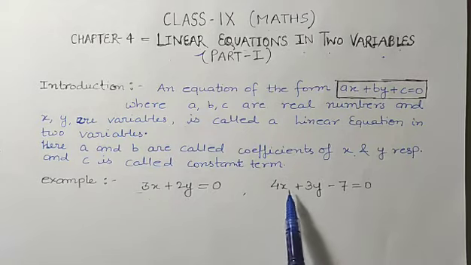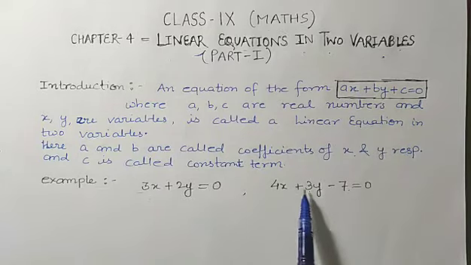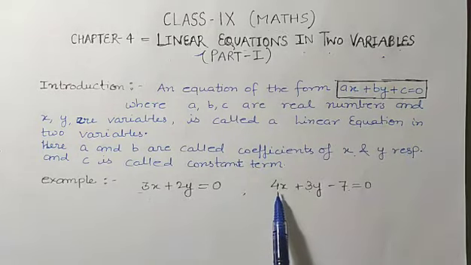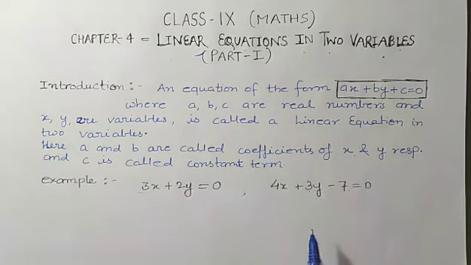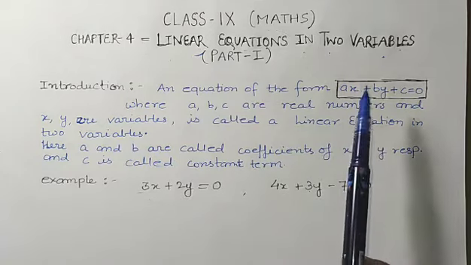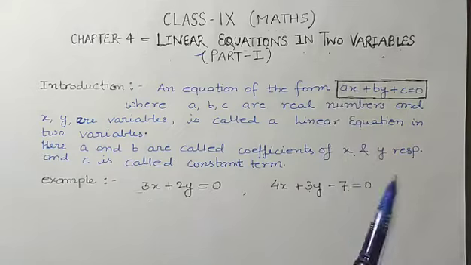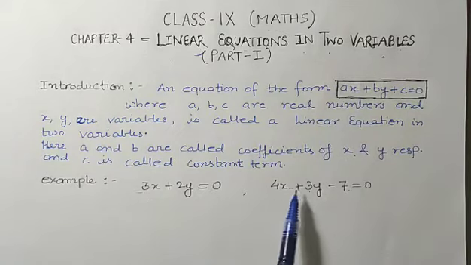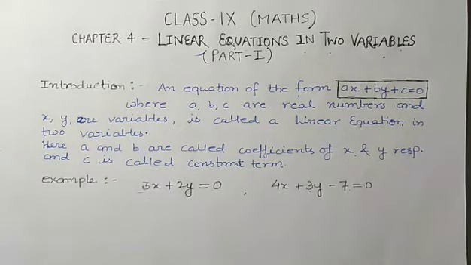And a, b, c should be real numbers. See, 4, 3 and minus 7 are real numbers. In two variables: see, there are two variables x and y. So this is a linear equation in two variables.